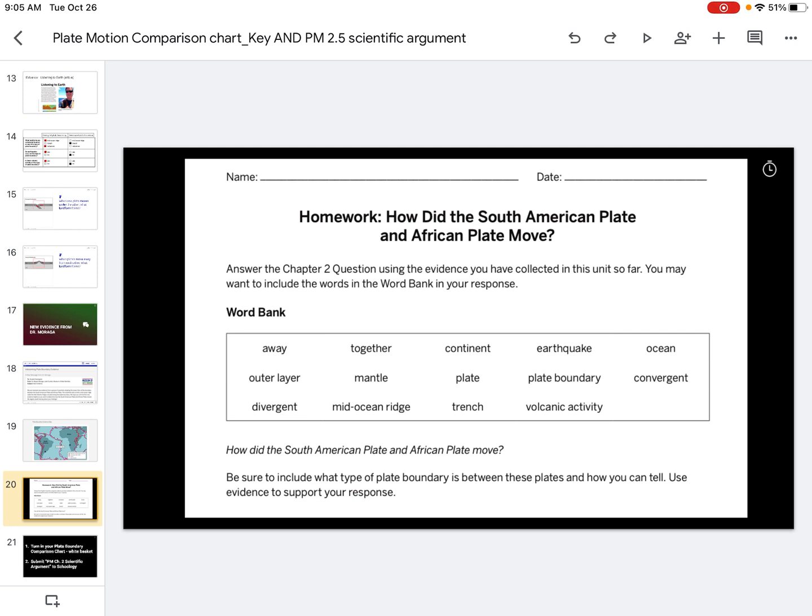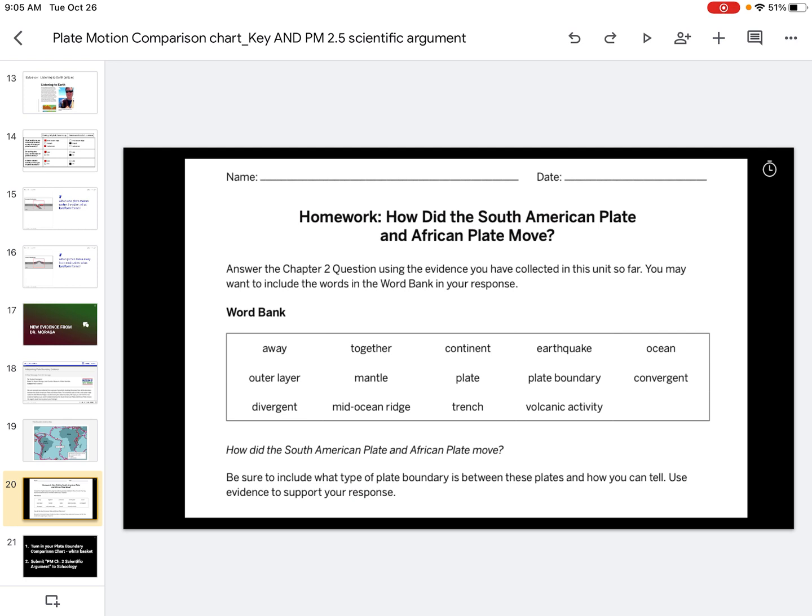You're going to use RACE, so restate and answer that question. Use that one piece of evidence that we got yesterday from Dr. Moraga. It was the email, and if you don't remember what I'm talking about, look in yesterday's video. That's your evidence, and then you need to explain the evidence. Make sure that you use key concepts to explain why that evidence supports your answer.